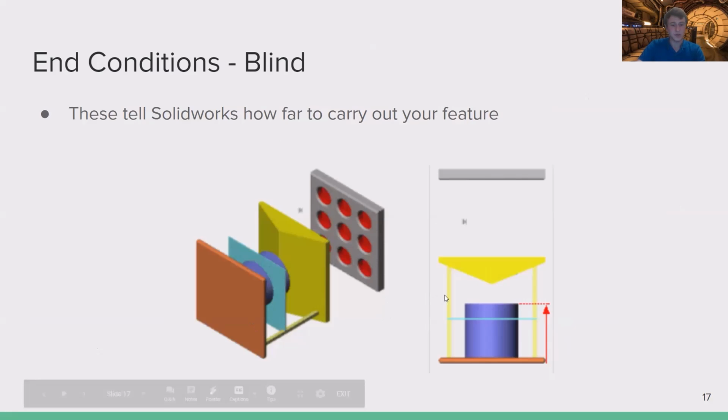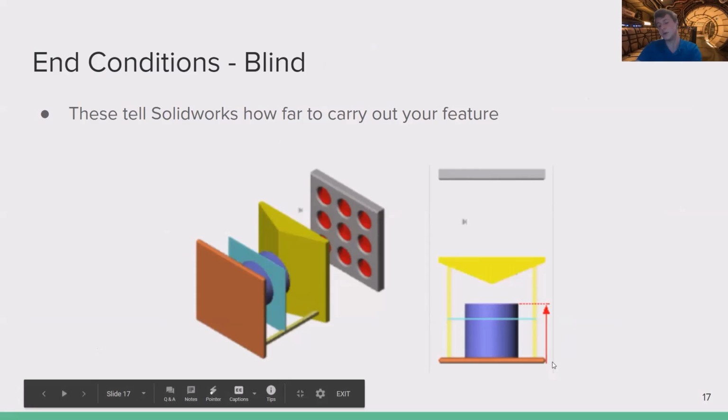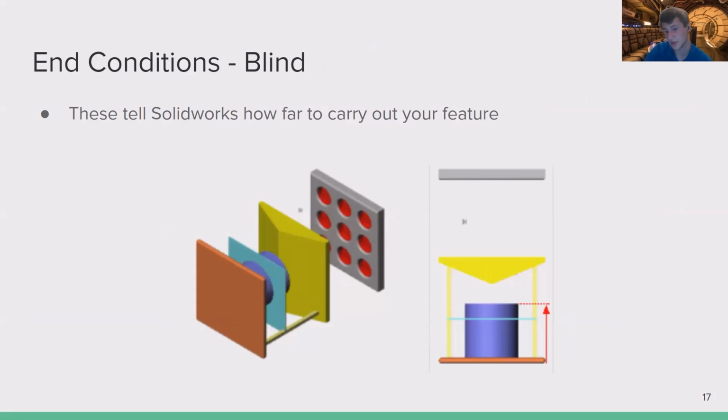In a lot of these images, they're all related, so you'll be able to see what the differences are, but in this one, the red line is telling you how far from this orange starting plane we're going. So it's just a dumb dimension, like I've been talking about, which is useful sometimes, but again, a little bit less robust than some other end conditions if that's not what you need all the time. It's basically just telling you how far to come off from the original flat surface.